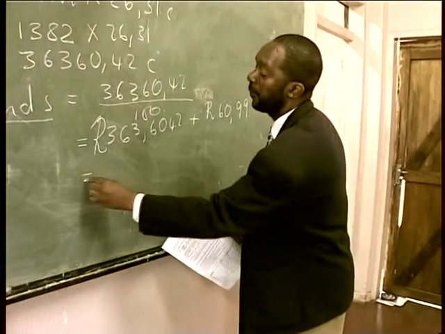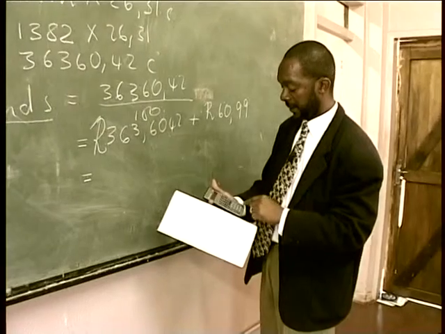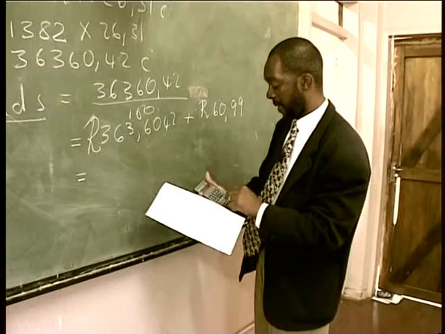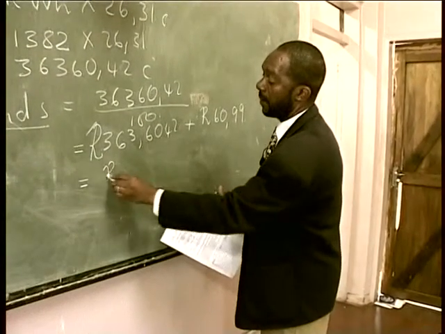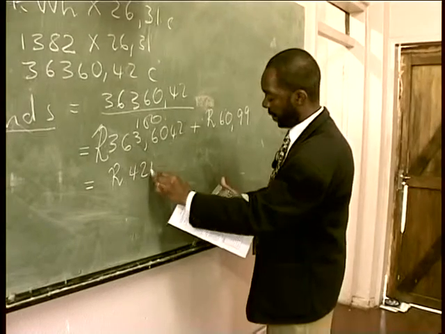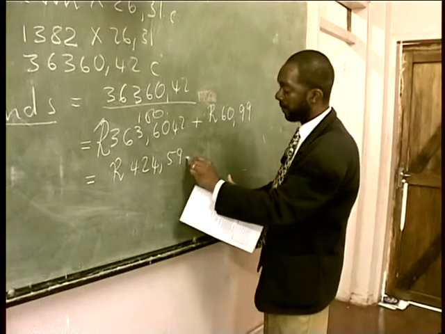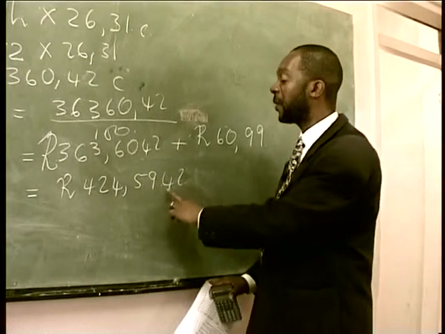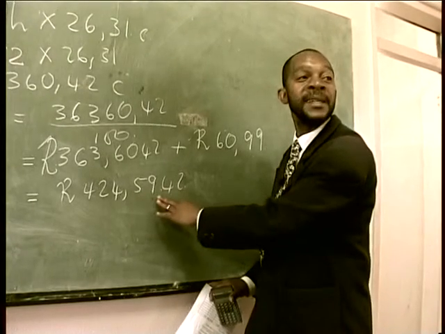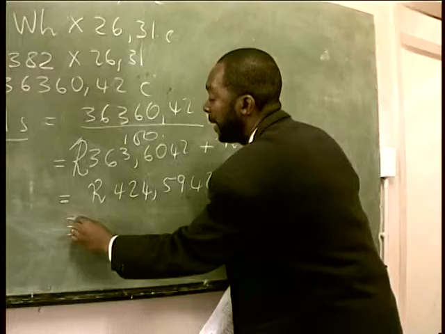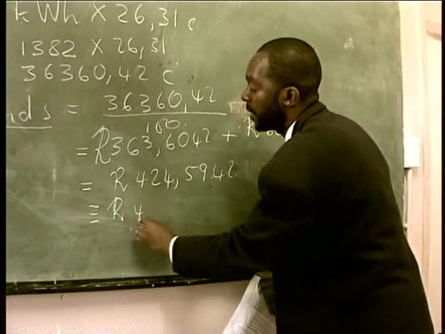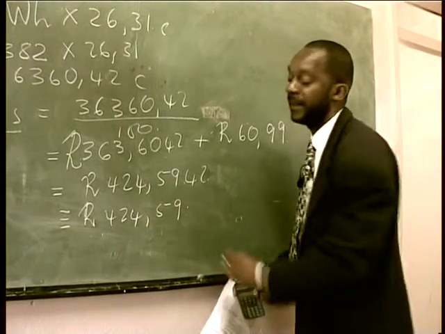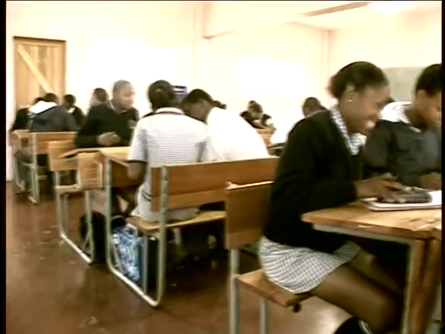So it comes to 363 plus 60.99, which in rands becomes 424.5942. We don't get something less than a cent, so we round it off to 59 cents. So what we'll have ultimately as the amount we need to pay to Eskom for the month would be 424 rands 59 cents. Now the learners work out the remainder of the months on their own.